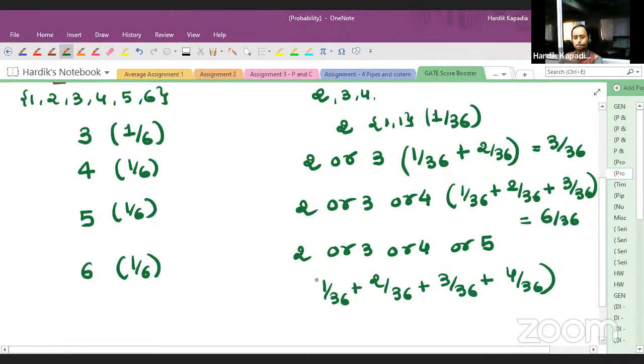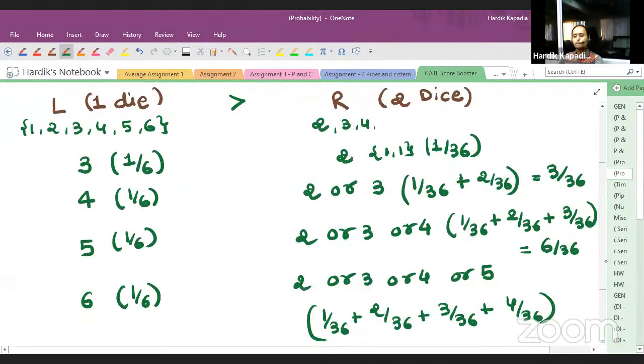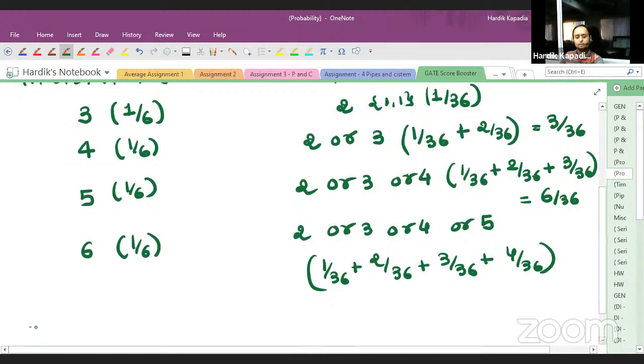So now we are getting 3 over here and 2 over here. So for the calculation, we'll write 3 over here and 2 over here. So 1 by 6 into 1 by 36.